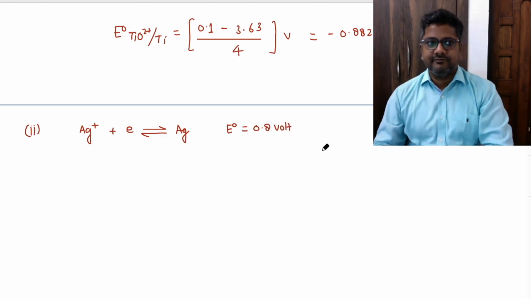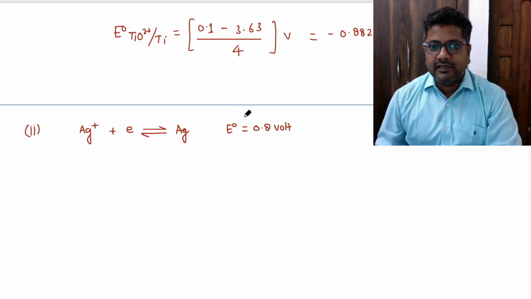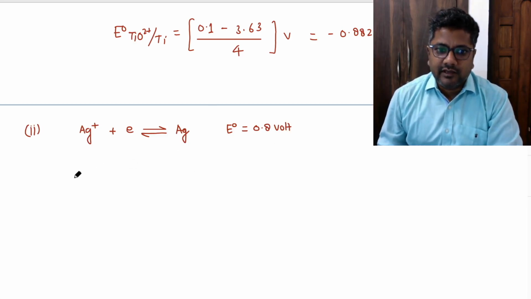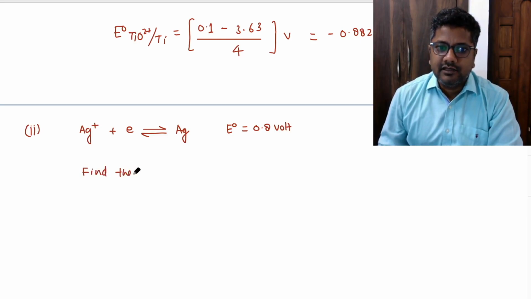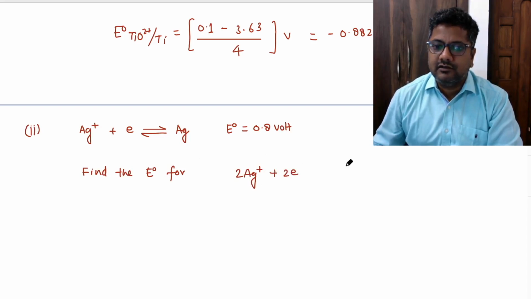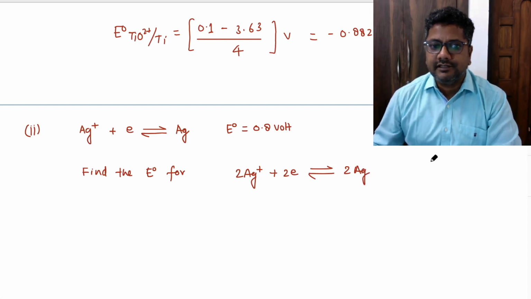Suppose that it is given, and if sometimes it is asked, okay, find the E naught for 2 Ag plus 2 electron gives 2 Ag, right? So what should be the answer?